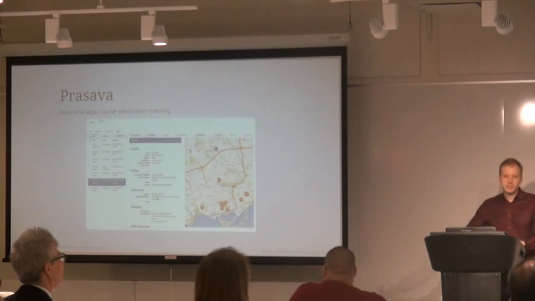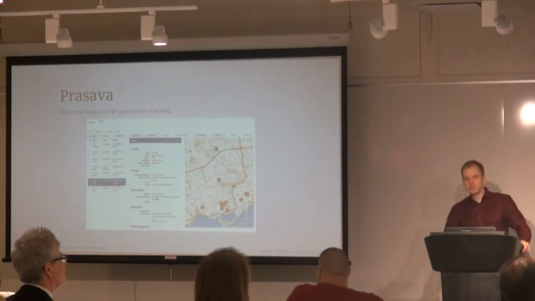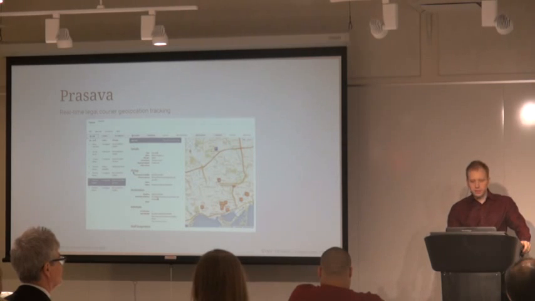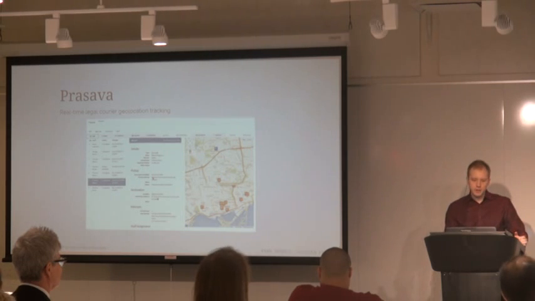Another app that we've built that takes great advantage of the real-time nature of all this stuff is called Prasava. It's built for courier services who want to keep track of all the jobs they're doing, as well as where all of their employees are, along their routes. And so basically what this does is it has obviously a database of jobs, and all of that, of course, updates in real time. But also it's got an integrated Google Map.